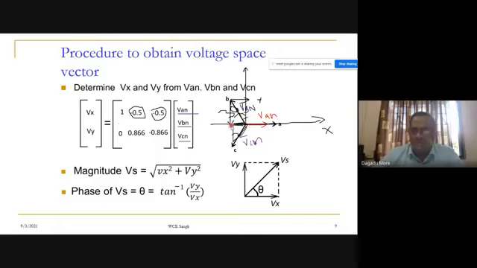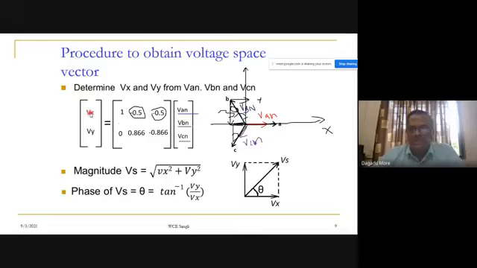We resolve it along the x-axis, and its value will be 0.5, since this angle is 30, sine of 30 is 0.5, and it is in the opposite, minus direction, so it is minus 0.5 VBN. And CN we resolve along the x-axis. Again this angle is 30, so sine 30 will be 0.5. So we resolve all three along x, and the resultant is Vx.